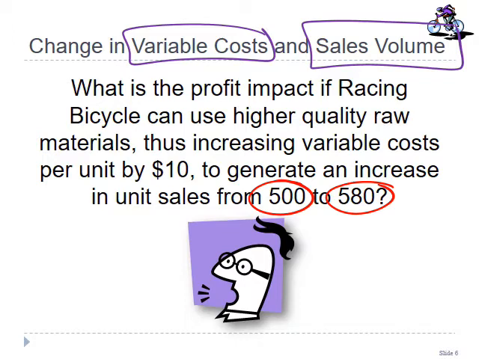The higher quality raw material will lead to a $10 increase in variable cost per unit. So would you recommend to use the higher quality raw material? So take a couple of minutes and help management to solve this question before moving to the next slide.